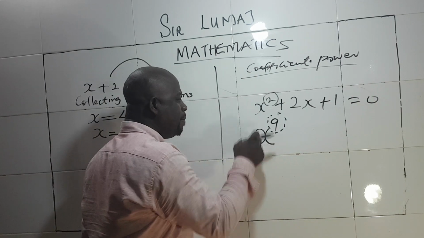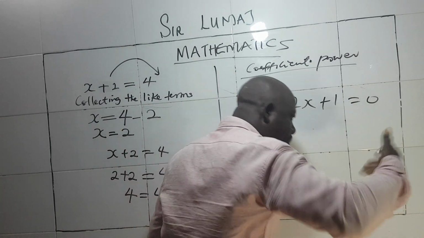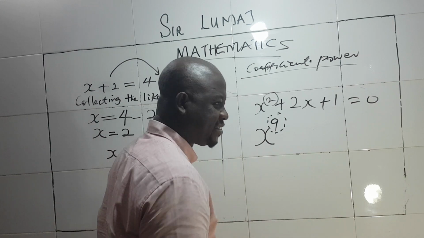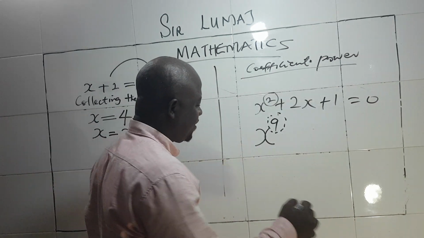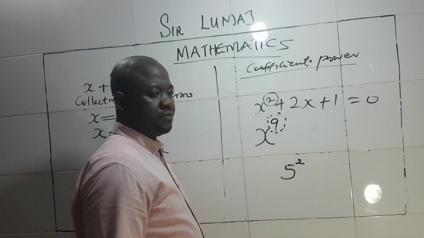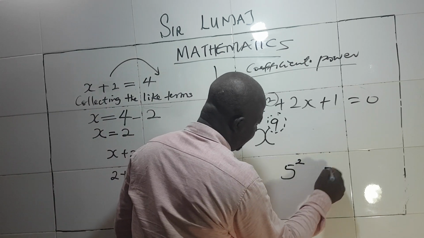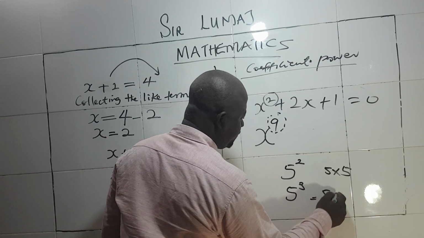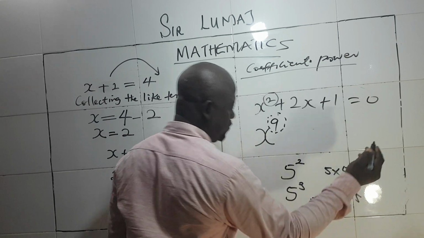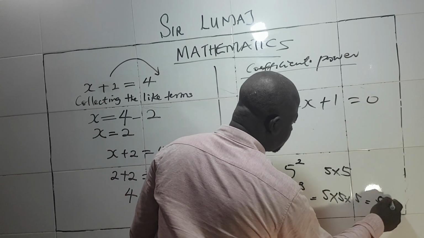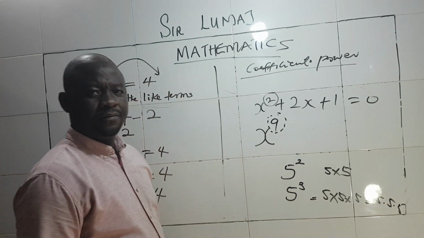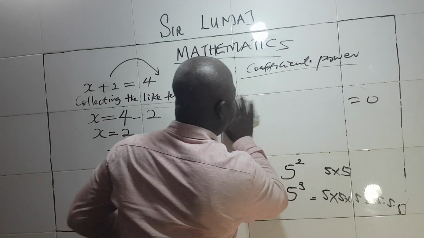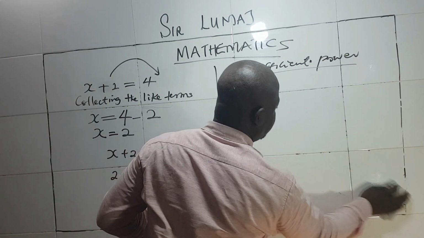That is x multiplying itself in 9 places, the way we have x squared, x multiplying itself in 2 places. For example, I say 5 raised to power 2. It means 5 times 5. If I say 5 raised to power 3, it means 5 times 5 times 5. It could equally be written this way, 5.5.5. Is it clear? Fine.